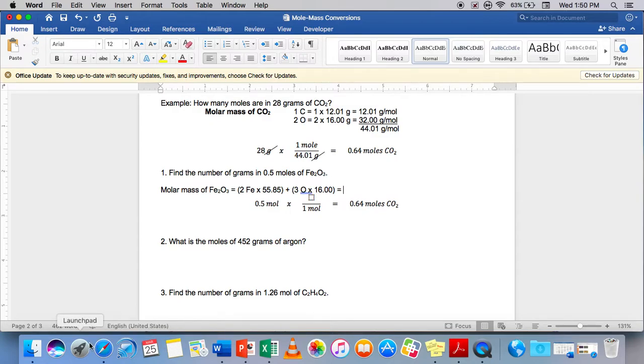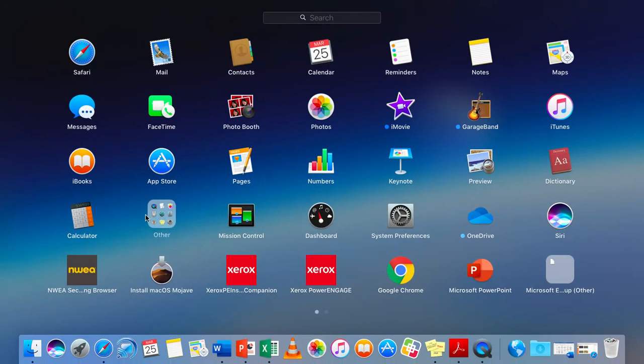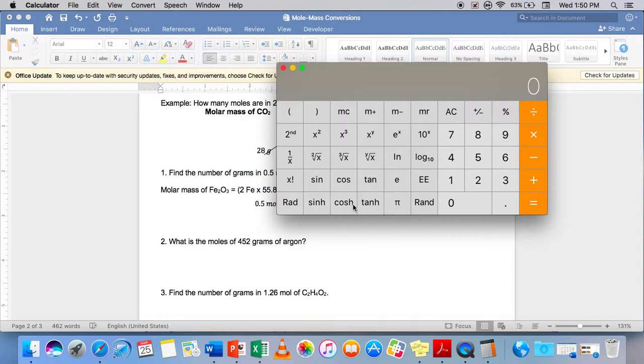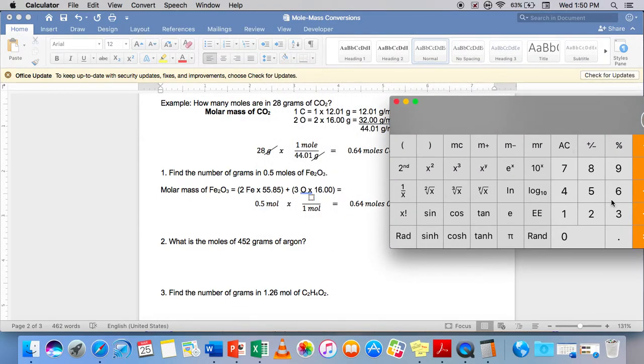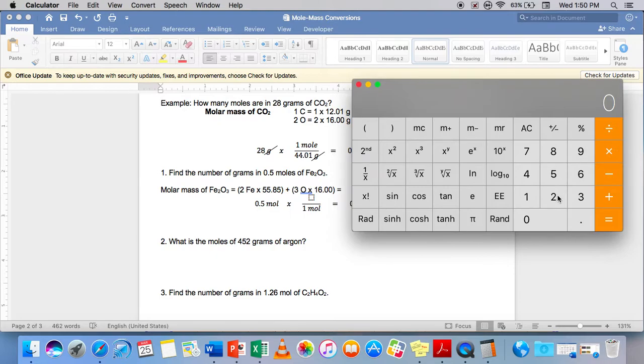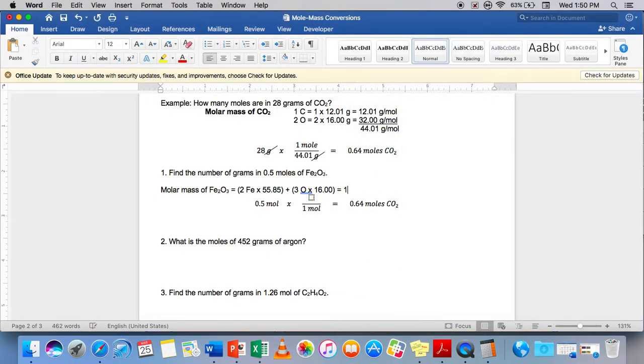So if I go and put this into my calculator, I could do 2 times 55.85. That is 111.7. And I'm going to add that to 3 times 16. So altogether, you have 159.7 grams per mole.